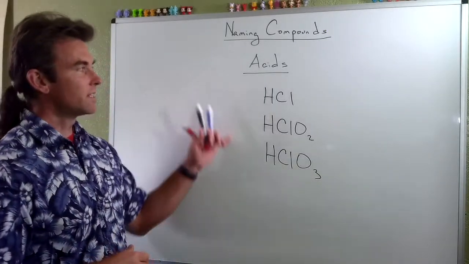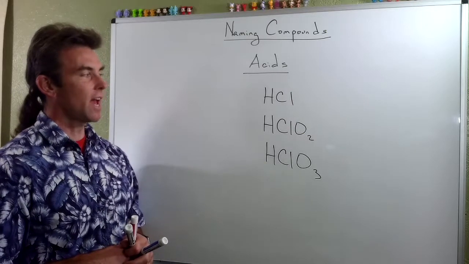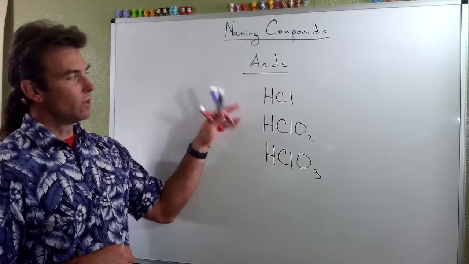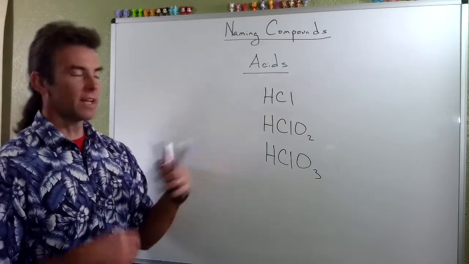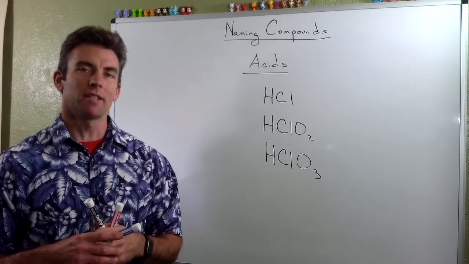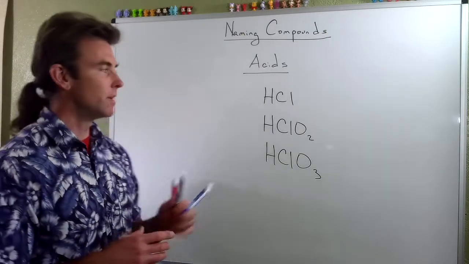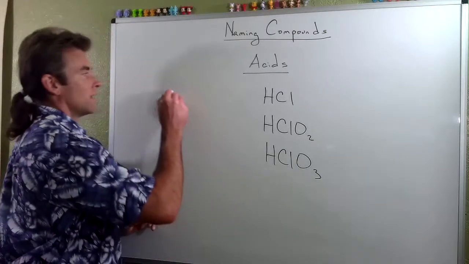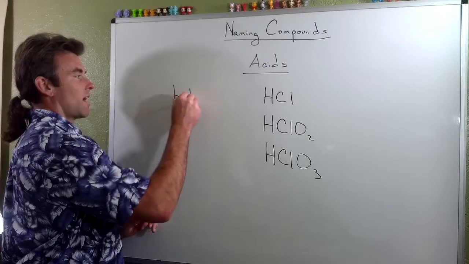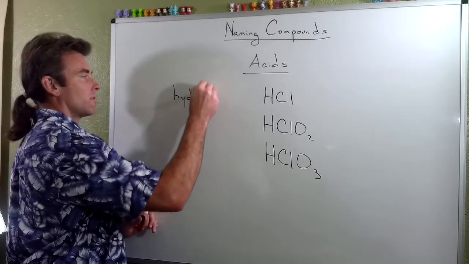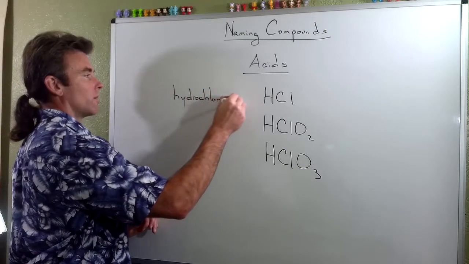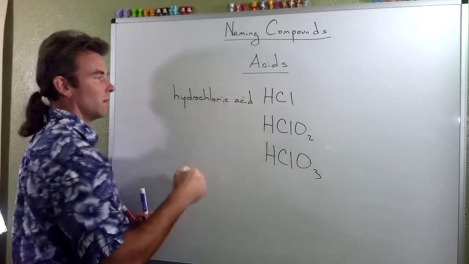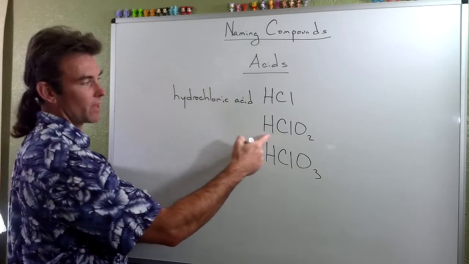So here's a list of kind of interrelated acids here. You'll notice the H out in front kind of screams at you that it's some sort of acid that we have to name. And so let's just go through and name these guys. This is hydrochloric acid, and we'll talk about why in just a second.